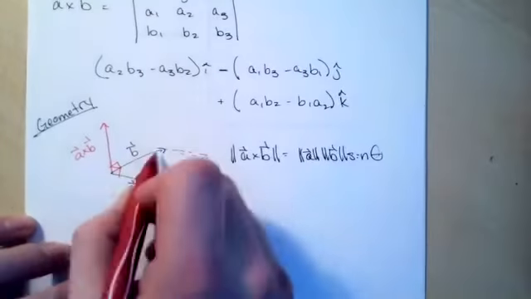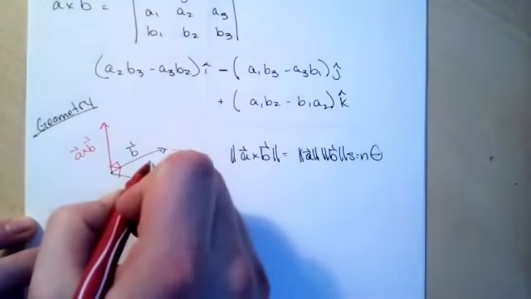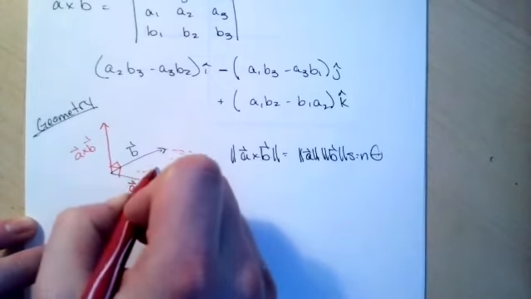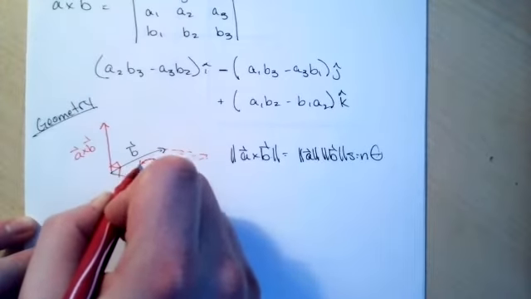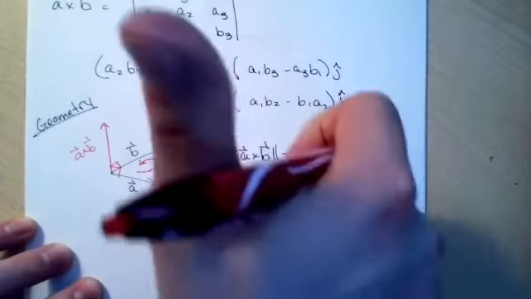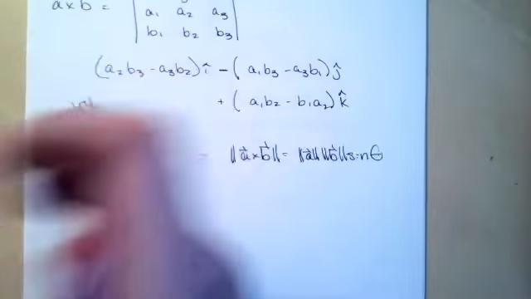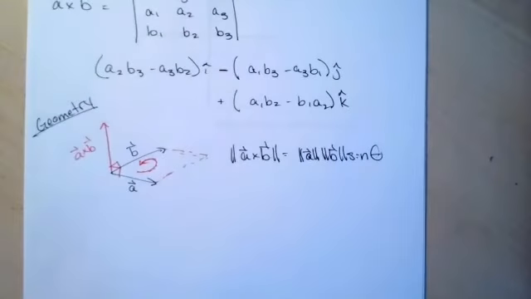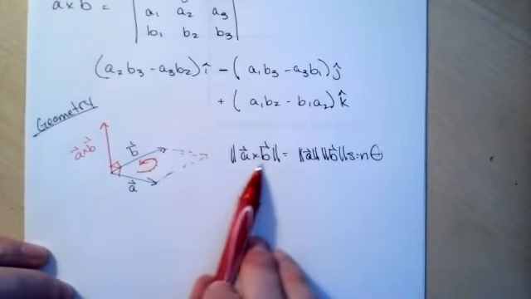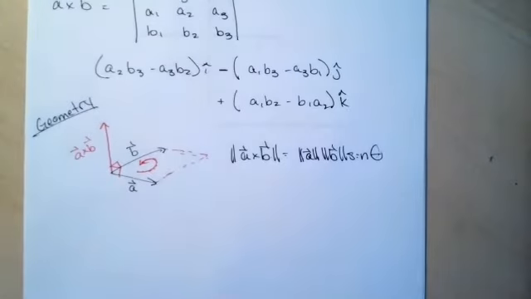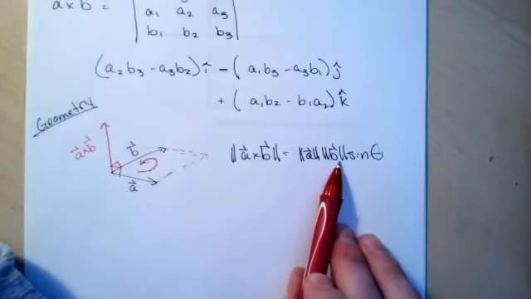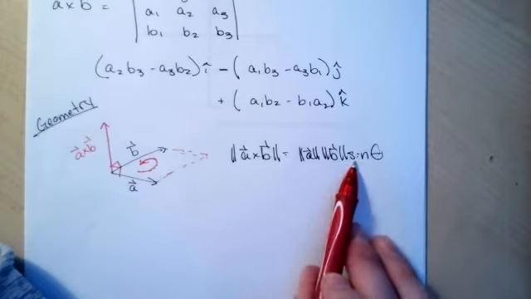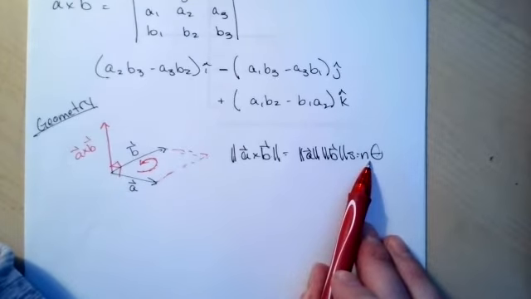So we can kind of think of this parallelogram that's formed by A and B as having this orientation of going from A to B. And so this swirling orientation, which gives us a direction of this plane. So when we take the magnitude of the cross product, just in terms of the pure calculation, if you look at what we have here, we have the magnitude of A times the magnitude of B times the sine of theta.